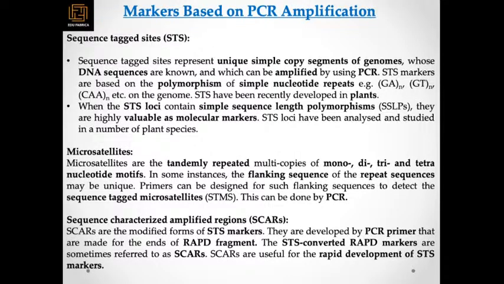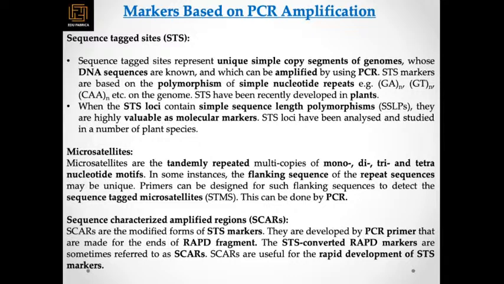Then, based on the second type, we have discussed so far the non-locus type in RFLP and AFLP. Now we are discussing the locus specific type, that is your STSs and SSRs. So in STS, the sequence tag sites are unique single copy segments of genomes whose DNA sequences are known and which can be amplified using PCR.